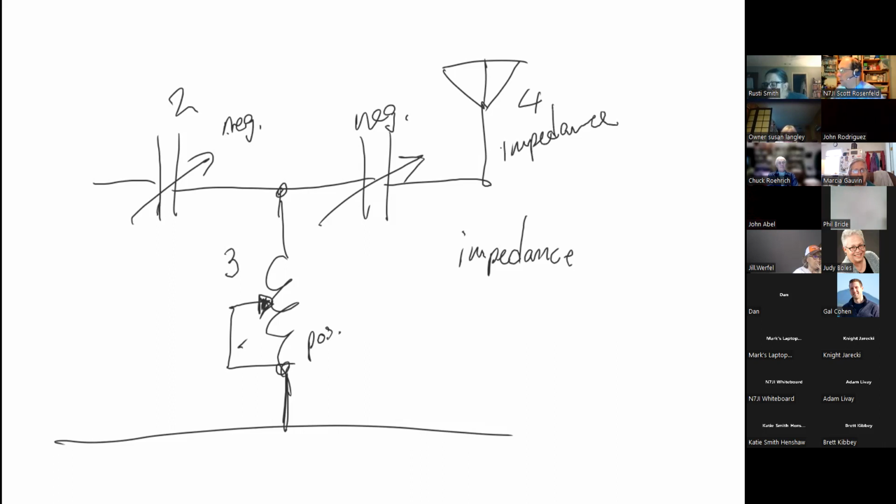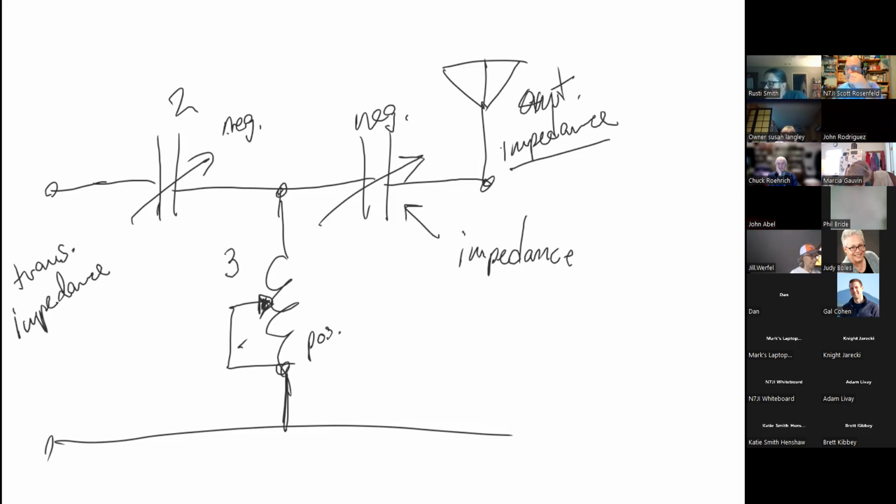The antenna has an impedance. And we also have a transmitter over here that has an impedance. Or it's actually our transceiver. It's a transmitter and receiver. So what this allows us to do is say, okay, here's the impedance of our antenna over here. And then we have a negative impedance right there.